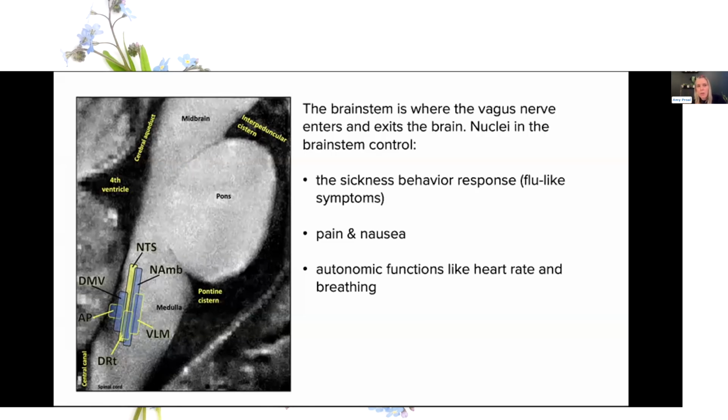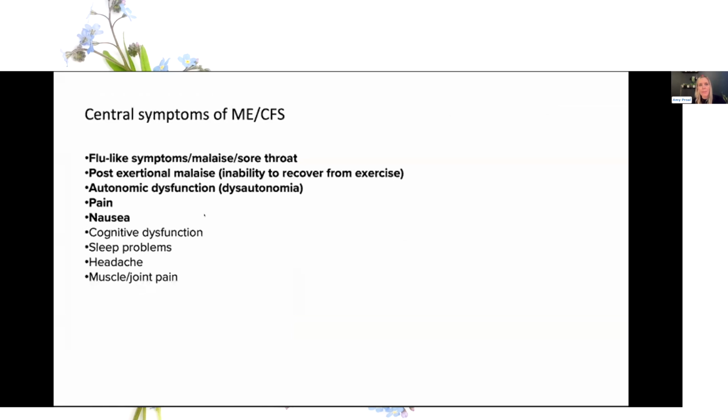Then also there are nerve bodies overlapping here in the brainstem that control pain and nausea associated signaling. And then important nerve bodies that control autonomic function, heart rate, the ability to move from a sitting to a standing position without getting overly dizzy, a lot of forms of autonomic dysfunction. So if you go back to those key ME/CFS symptoms, the flu-like symptoms, the malaise, the sore throat, that's sickness behavior response type symptoms.